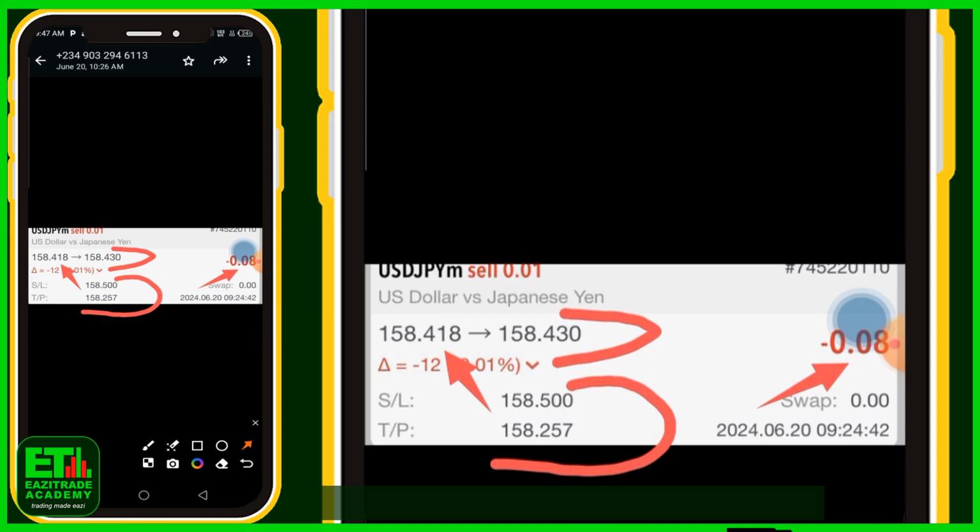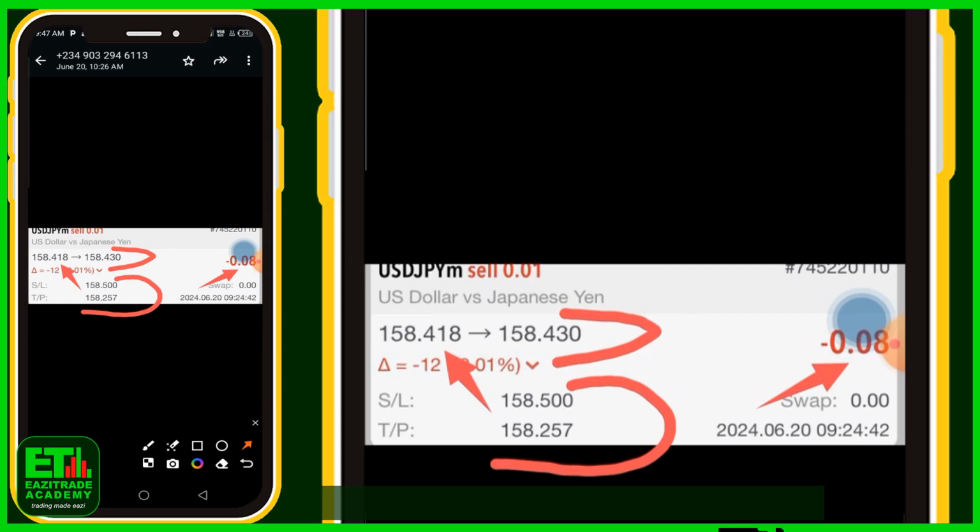Now, if we look at this calculation, this is a 2:1 risk ratio. Because if you look at it, you'll notice that the SL is lesser in pips than the take profit. If this particular trade hits the stop loss, the student will be out of the market with probably $1 loss or less.